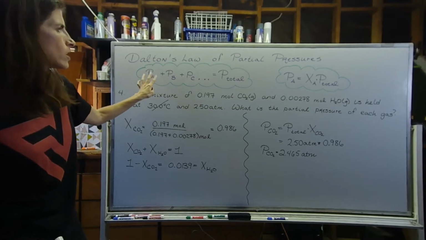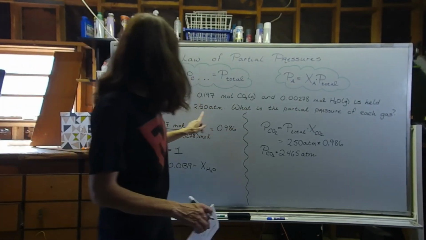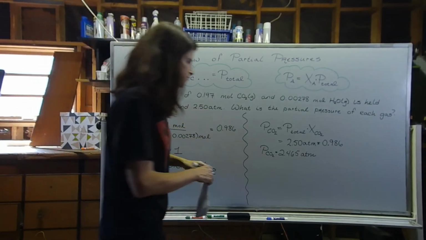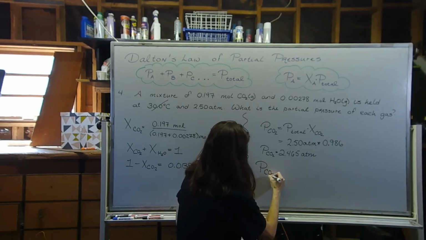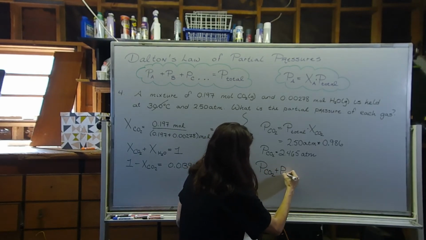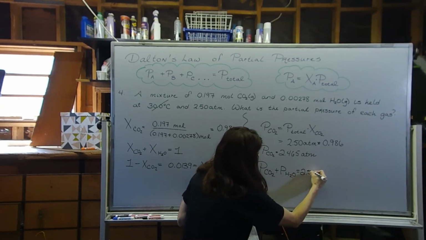Since the system only has 2 gases, the carbon dioxide and the water, they need to add up to the 2.50. So we can say the partial pressure of the carbon dioxide plus the partial pressure of the water should equal 2.50.